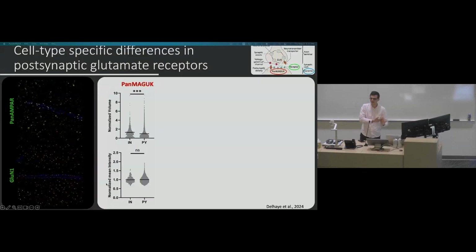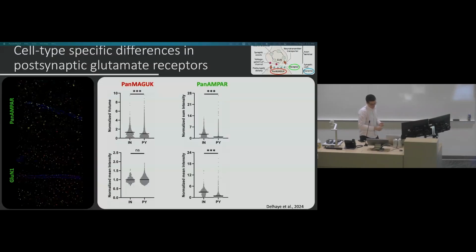While looking at the mean intensity of the fluorescent signal for pan-MAGUK, there are no differences between synapses made on interneurons or pyramidal neurons, which is expected because the density of pan-MAGUK should not be different on bigger or smaller synapses.